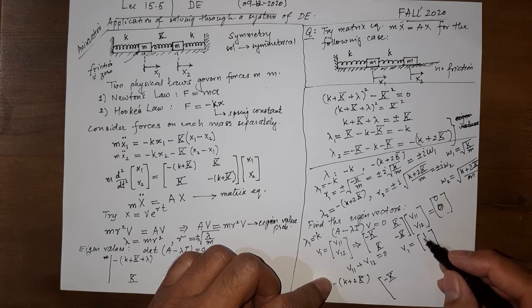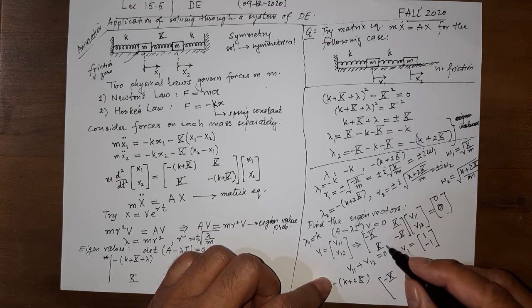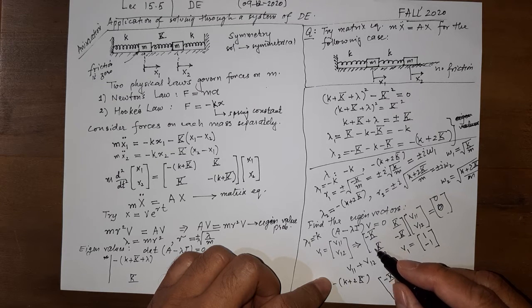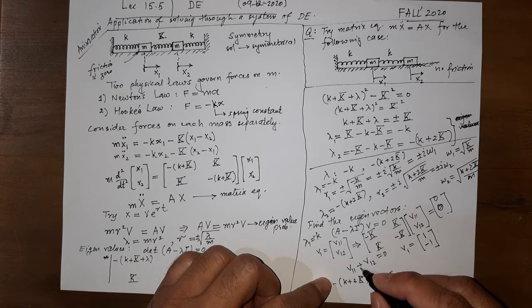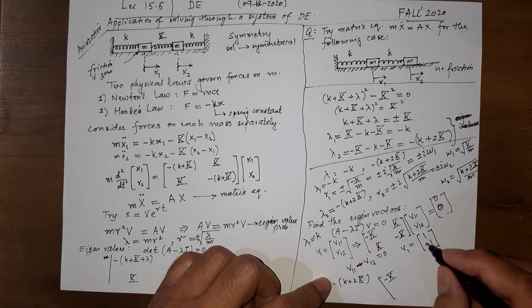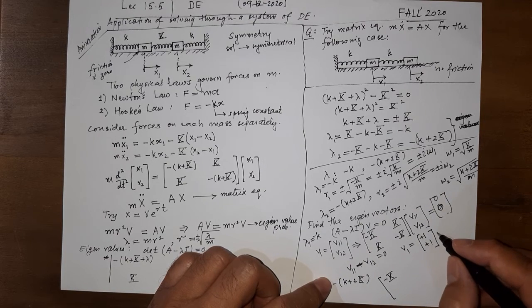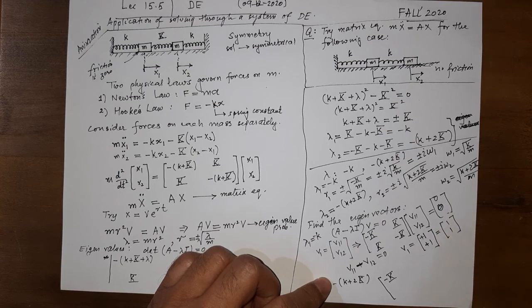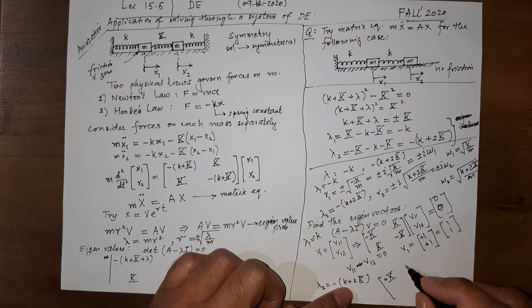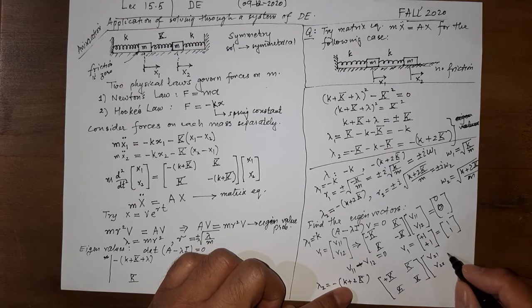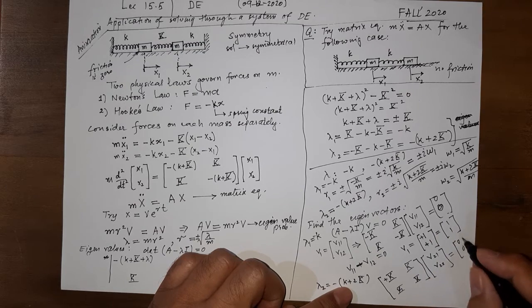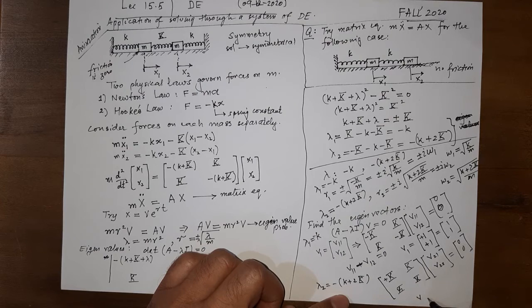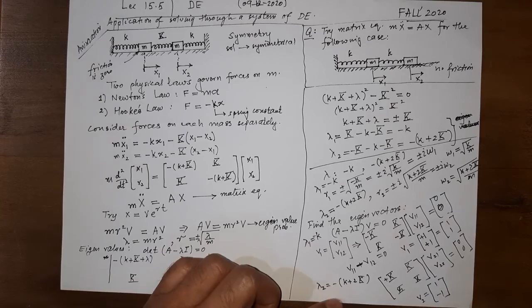And the ultimate solution would be, so the first row, the second row is equal to the negative of the first row, so we get this, and therefore these both are plus ones, 1 1, and here we are going to get plus k plus k plus k and plus k into V21 V22 equal to 0 0, and this is going to give us V2 equal to 1 minus 1 as in the previous case.